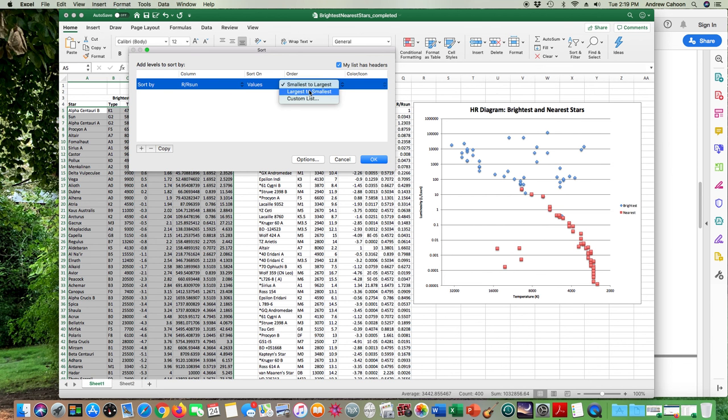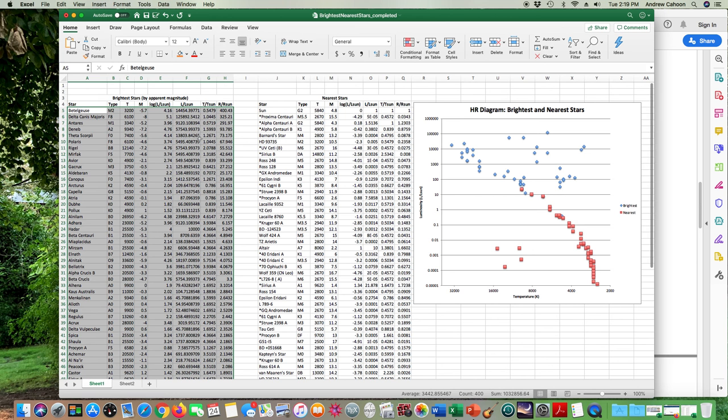And let me go from largest to smallest. I want the biggest one at the top. Okay, and so now I can tell that the biggest star of the brightest stars in our sky is Betelgeuse, right there. And you could do a similar thing for temperature or luminosity. Just sort the table however you want. Just remember to highlight the entire table when you do that.